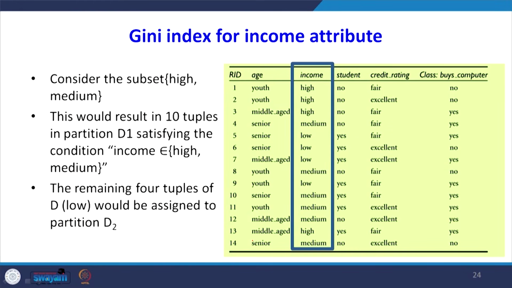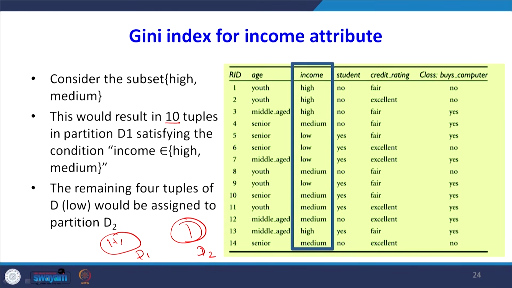Consider the next subset, that is high and medium. When we look at high and medium, there will be 10 tuples, 1, 2, 3, 4, 5, 6, 7, 8, 9, 10, in partition D1. Here also we are going for 2 groups, D1 and D2.